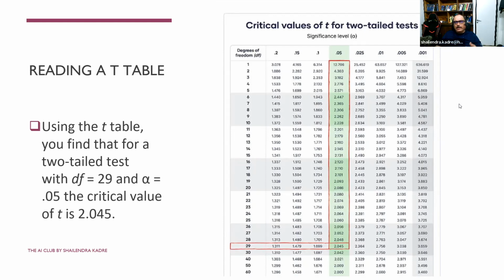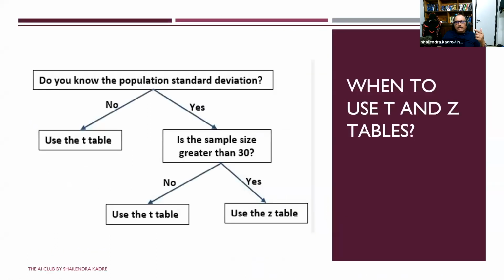That will be made clear in the lecture on hypothesis testing. Again and again I am repeating. So right now you remember only a couple of things. Number one, the T distribution is a special case of the normal distribution in which the sample size is less than 30 or the population standard deviation is not known.